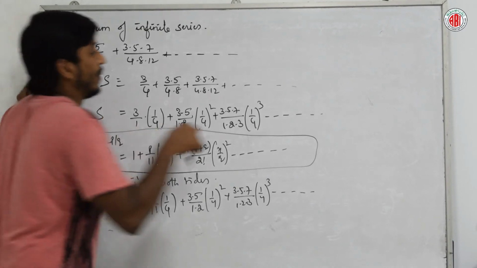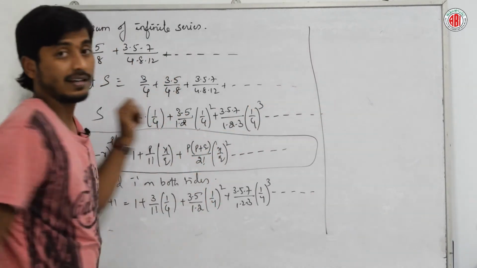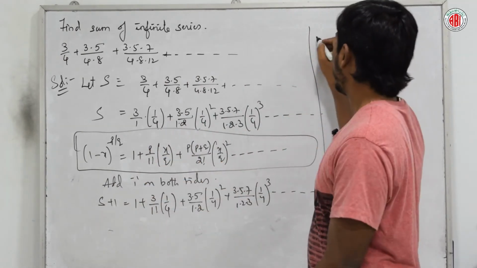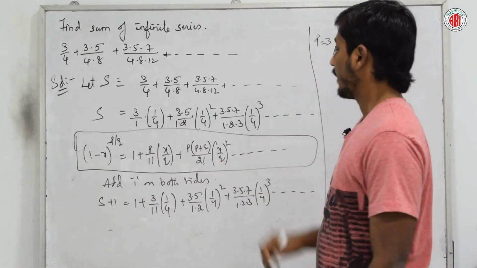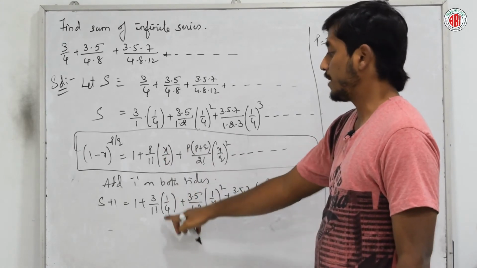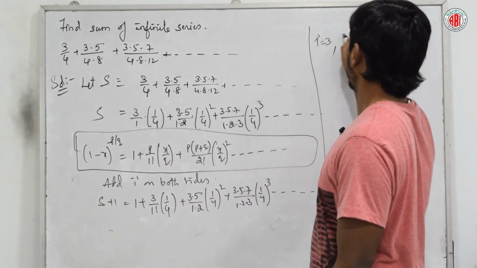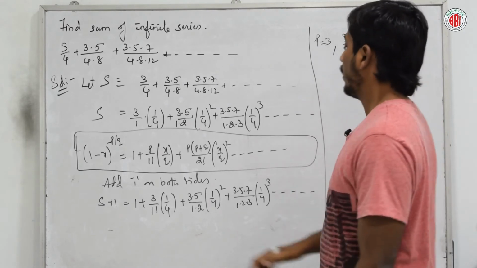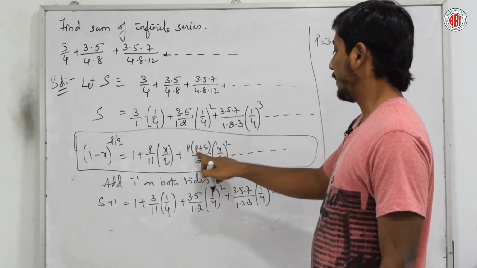Before that we have to compare it. Isn't it? Now just tell me, what is there in the place of p? That is 3. Right? What is there in terms of x by q? 1 by 4. So x by q is 1 by 4. What is there in terms of p plus q?